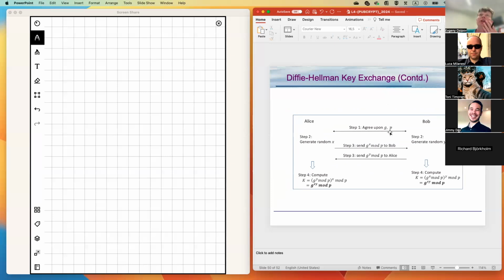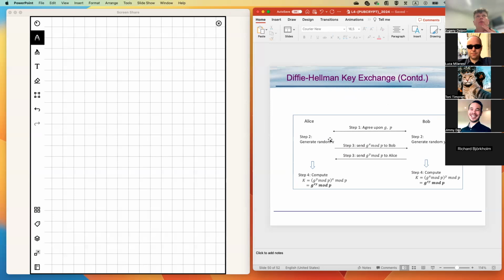And also G, which is called a generator. You will see now how it works. Very similarly to the encryption equation for RSA, Diffie and Hellman proposed to use this operation to share a secret. So how is it working? Actually very simple.